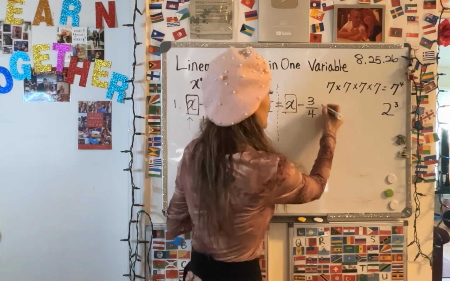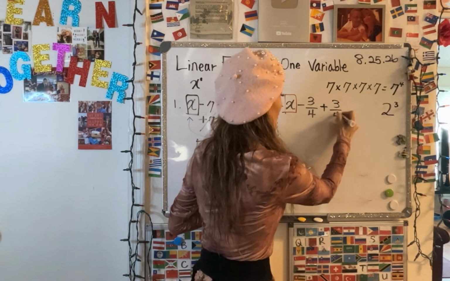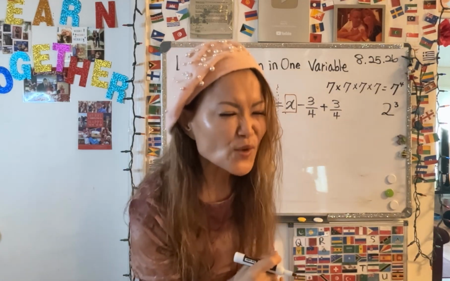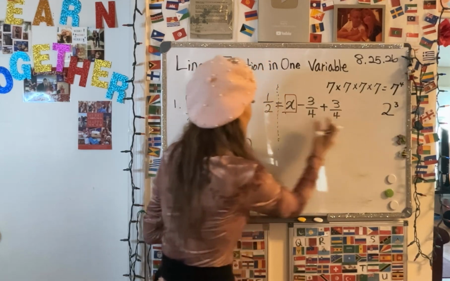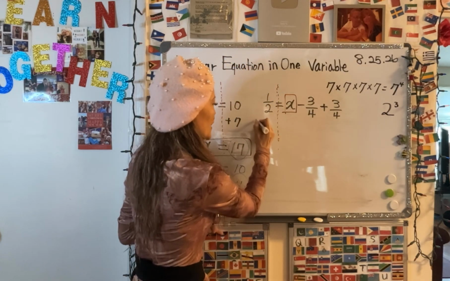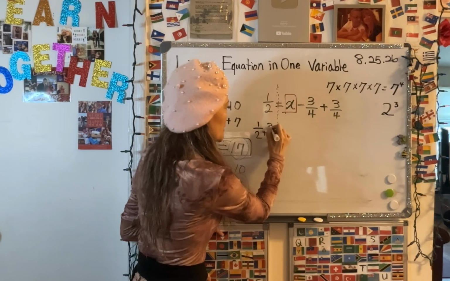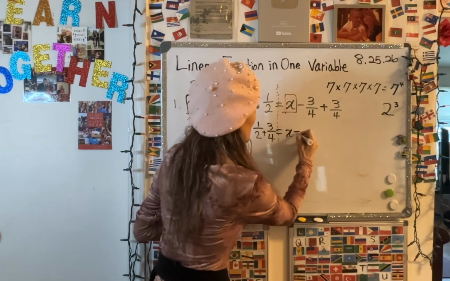Very good. So I'm going to write here, plus 3 over 4. Why? Because I'm making 0. Yeah, 0. So, not only the right side, me too. I'm going to rewrite half plus 3 over 4 equals.